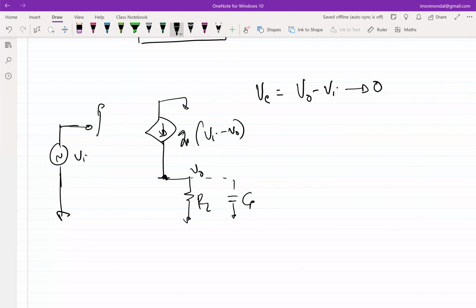So let's assume this Vi increases. If Vi increases, this current source is trying to push in more current. Since it is trying to push in more current, this V0 will increase, right? Since this V0 is increasing, this very act of increasing V0 is shutting the current source down.